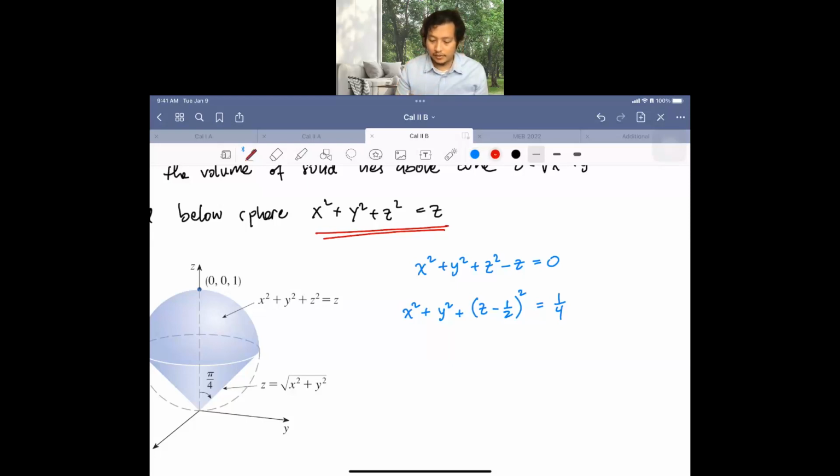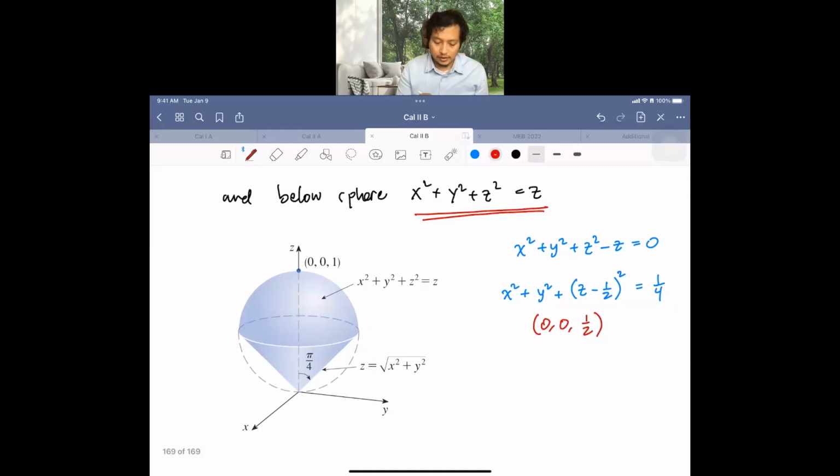This means that the center is 0, 0, and half, and the radius is half.